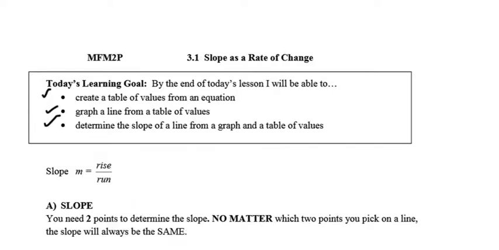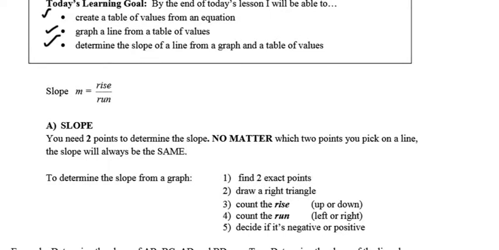Okay, so slope. Slope is just a number that measures the steepness of a line. So if you have a big number, like 10, that line is pretty steep. If you had a slope of like 1 over 5, that line is not very steep, it's pretty flat.